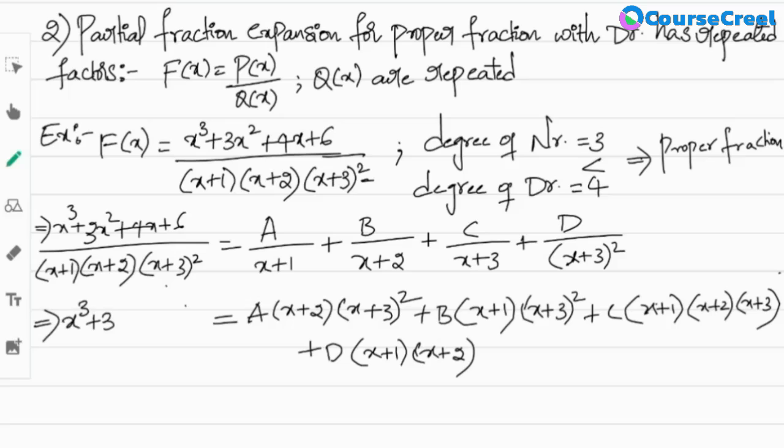As the denominators will get cancelled on both sides, we will be left with the equation x³ + 3x² + 4x + 6 is equal to this one. Now in this we need to substitute the roots of the denominator.